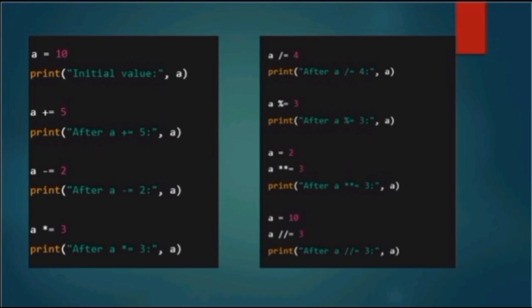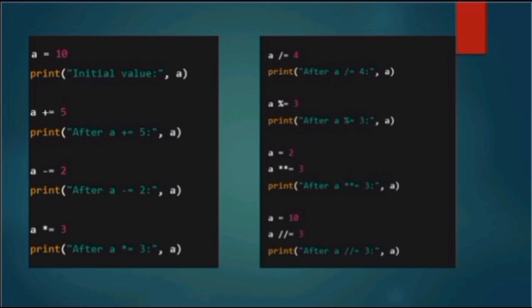On the right side you can see the advanced assignment operators, like a /= 4, which means dividing a by 4, making it 9.75. Below you can see a %= 3. It finds the remainder when divided by 3, resulting in 0.75.